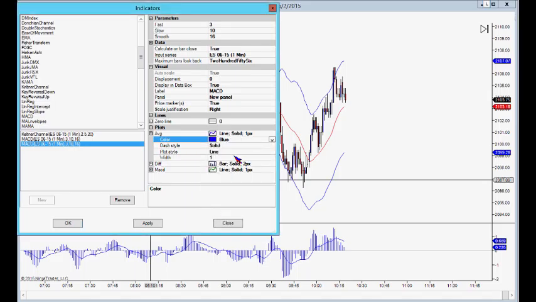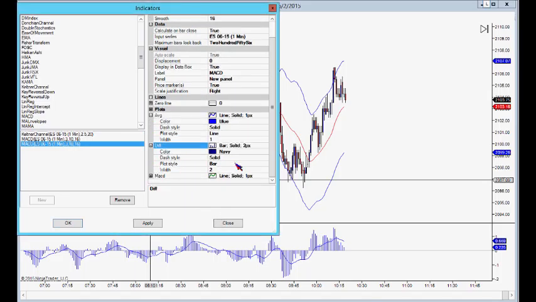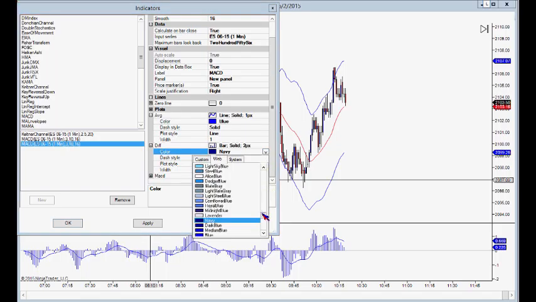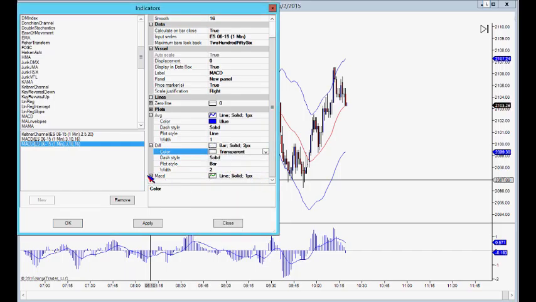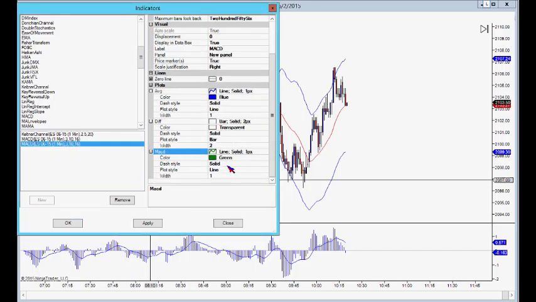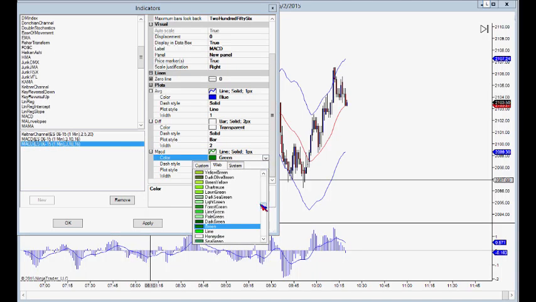The difference, we're going to go back and make this color transparent. Then the MACD itself, going to make it red.